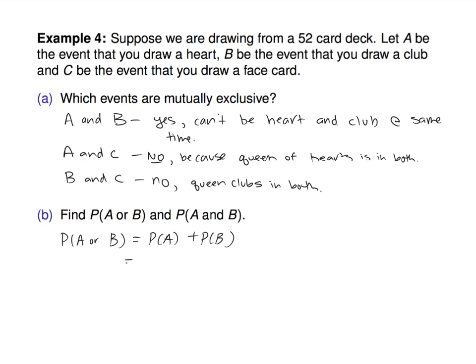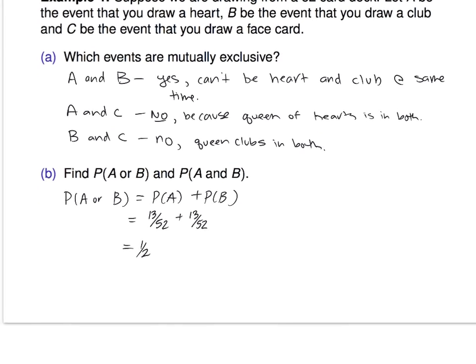So what's the probability that you are a heart? 13 out of 52. And what's the probability that you are a club? 13. So I think that's going to be a half in the end, isn't it? Okay.